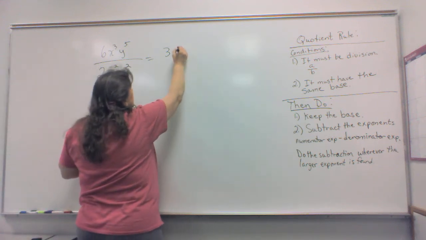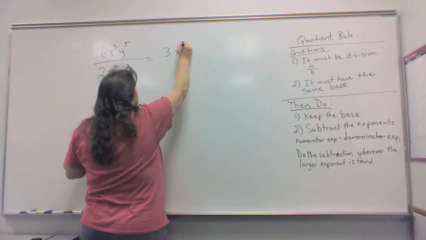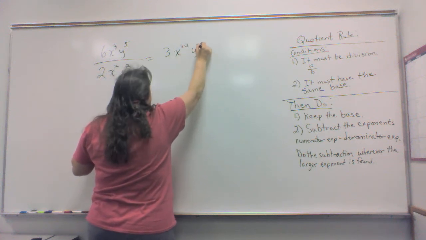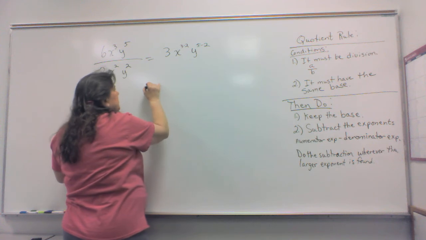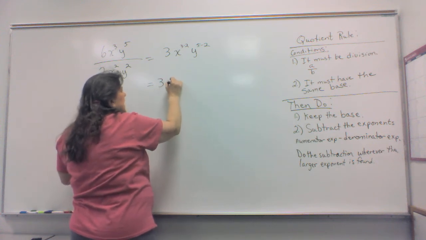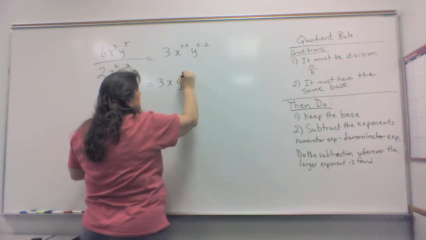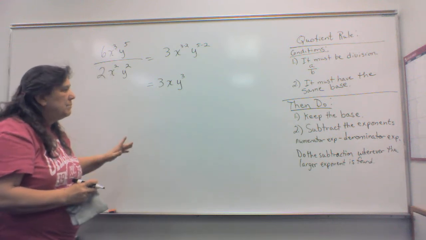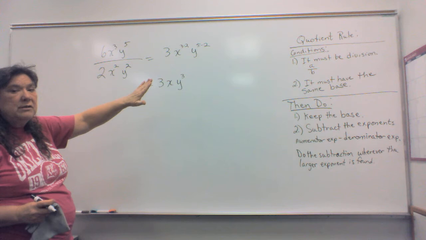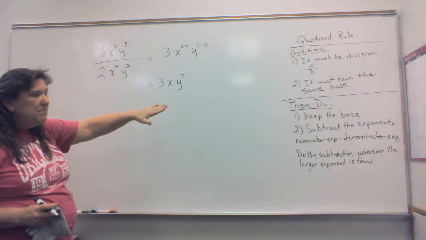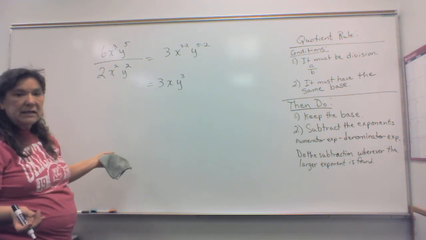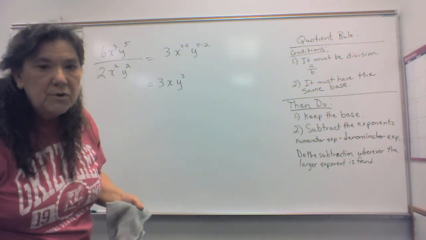So I'm just going to do x to the 3 minus 2, y to the 5 minus 2, which gives me 3 times x times y to the third power. Remember, it must be division, it must have the same base, and you keep the base and subtract the exponents. And that is, in essence, the quotient rule.